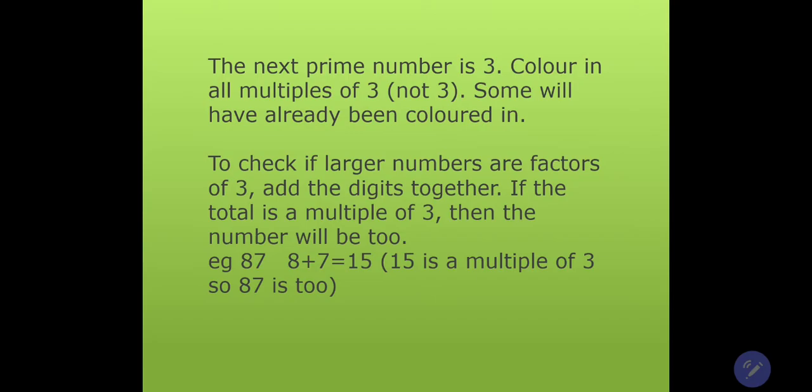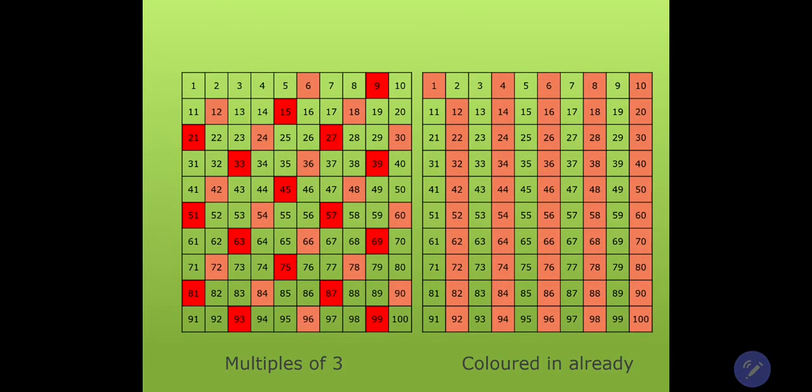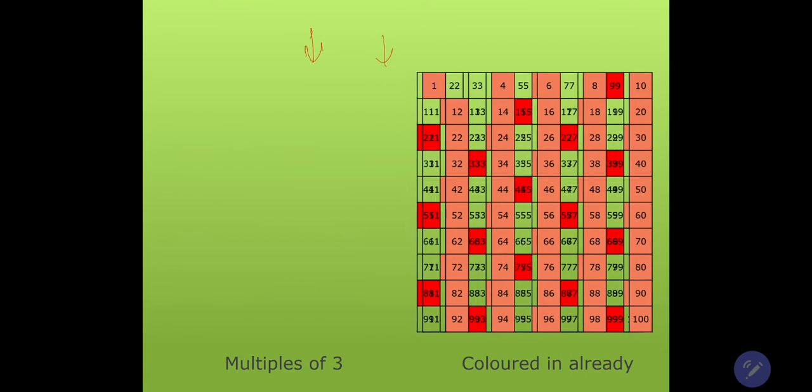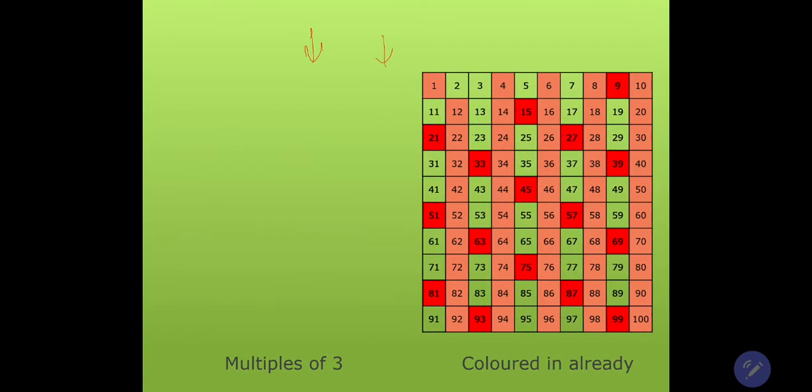You just count in 3s and shade all the multiples of 3. The pink ones are already shaded and the red ones are the new ones, so you combine them all together. Now we have all the multiples of 2 and multiples of 3 colored.